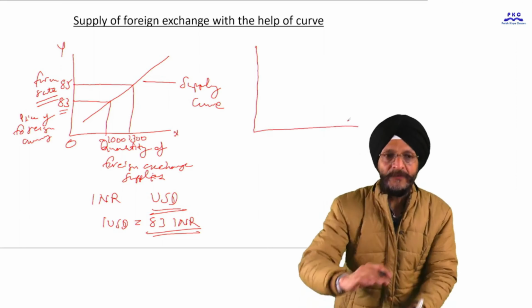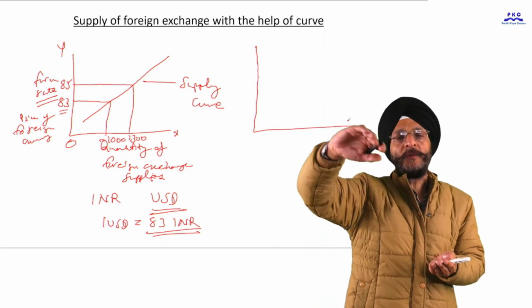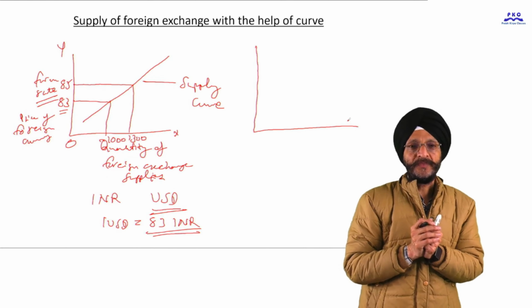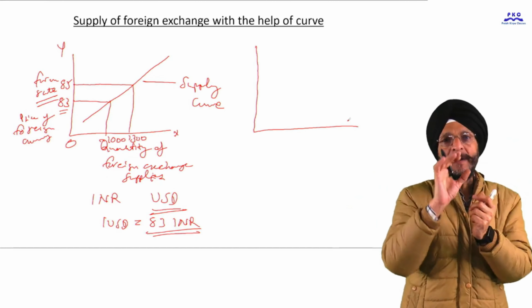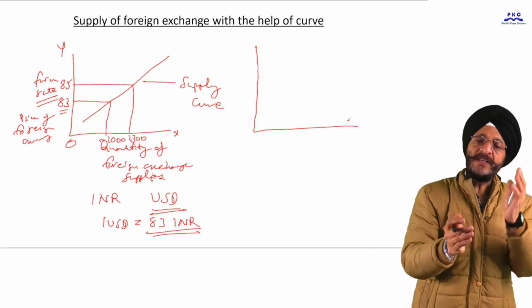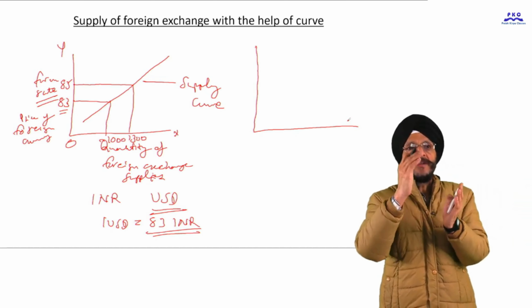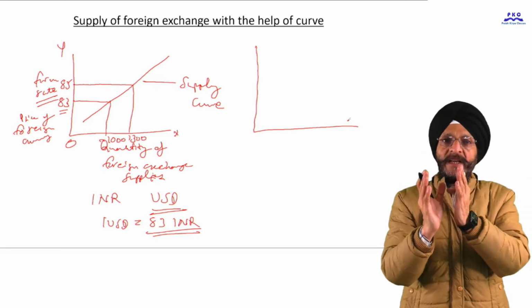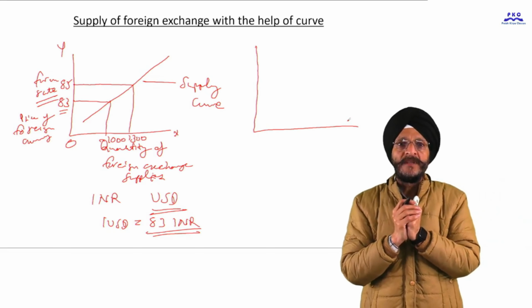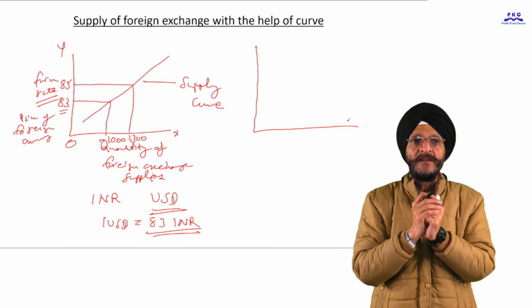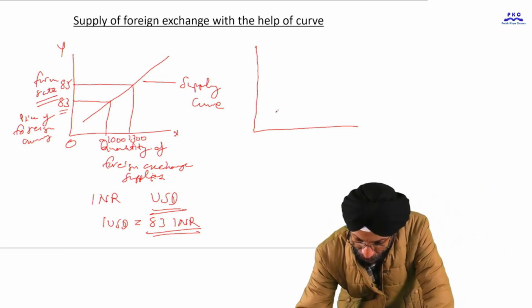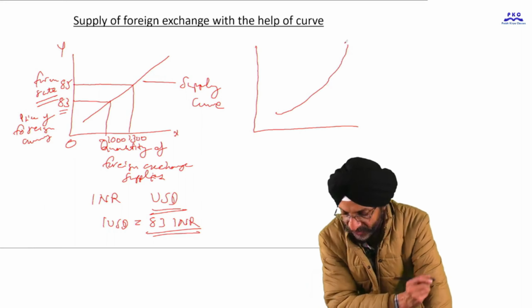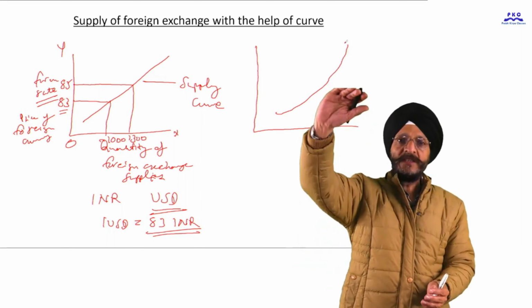Though we have formed it in the form of a straight line, it is simply to make the concept simpler, so that you understand the direct relationship between supply and forex rate. This is the simple understanding. But in actual reality, the supply curve may be something like this. It may not be a straight line.